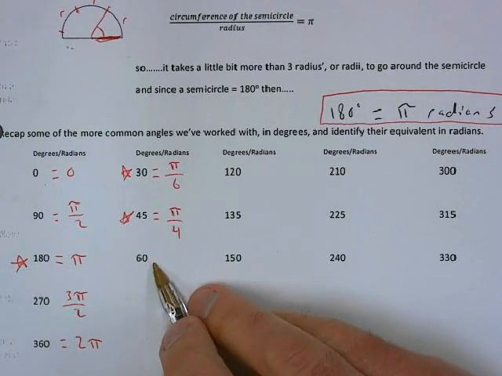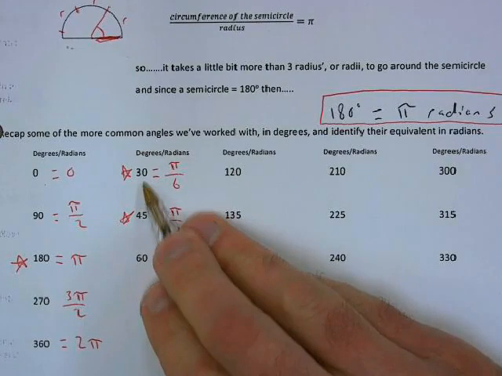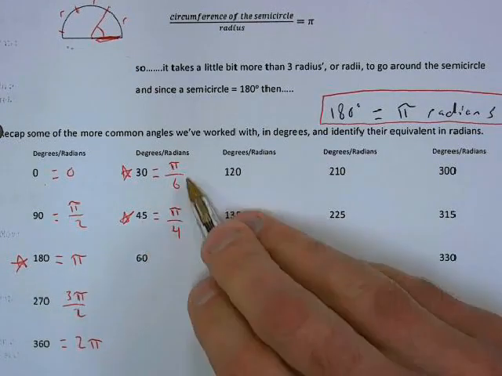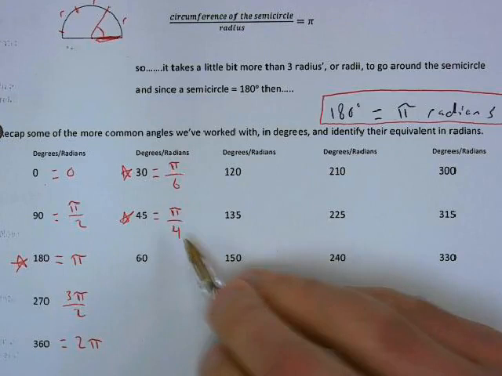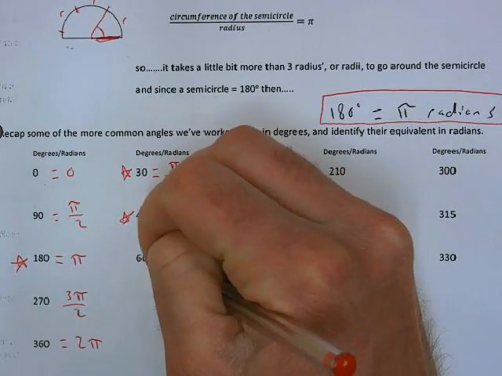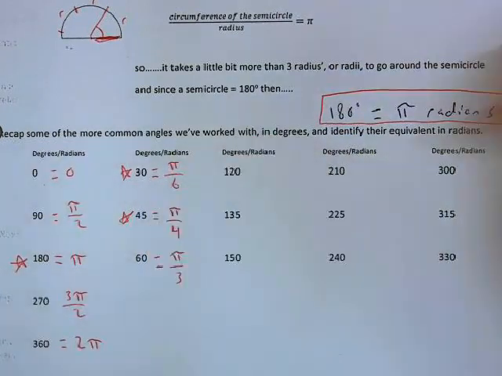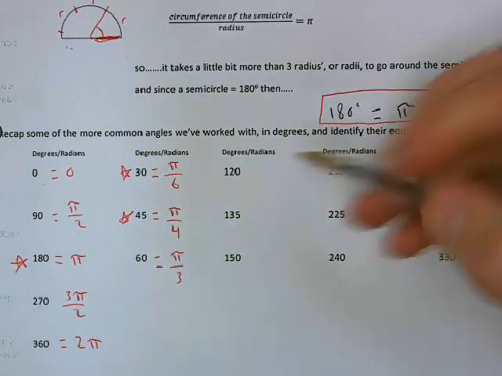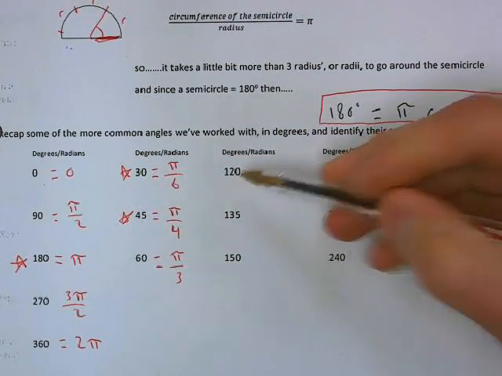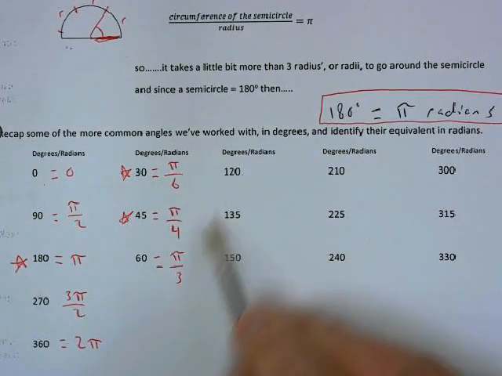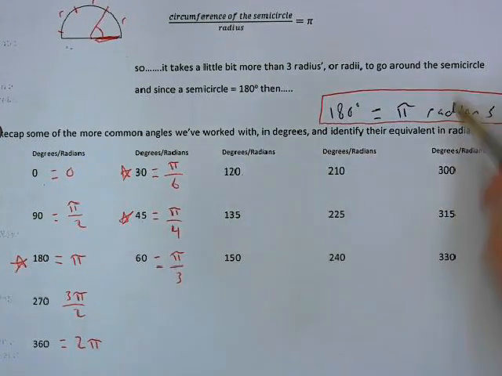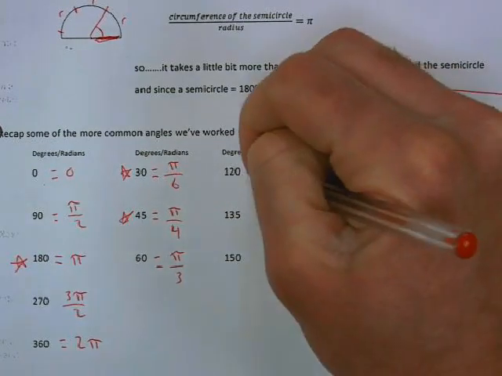Next one would be 60 degrees. What's the easiest one to work with there? Well, probably 30 degrees. 60 is 30 times 2. So then my answer in radians is going to be pi over 6 times 2, which would be 2 pi over 6, which we can reduce to pi over 3. Okay. All right, next, how about 120? Okay, well, to get 120, I just got to double 60. So if I double this, I'd get my answer in radians, which would be 2 pi over 3.